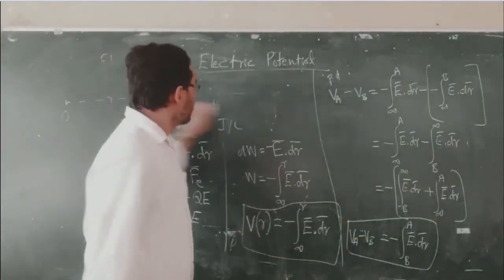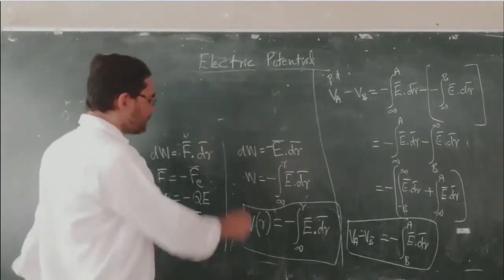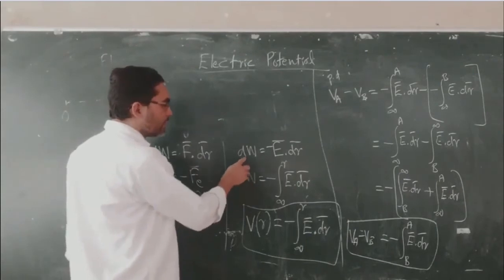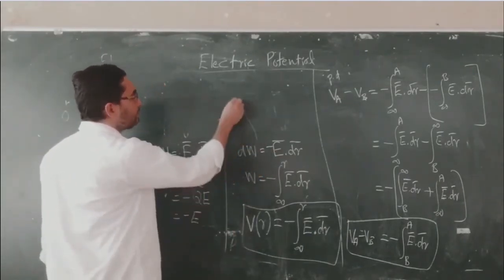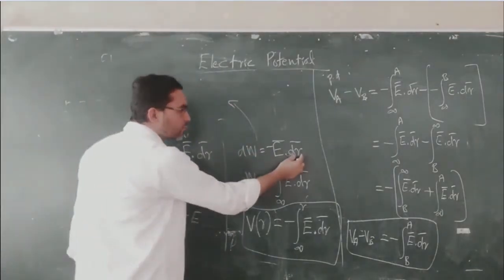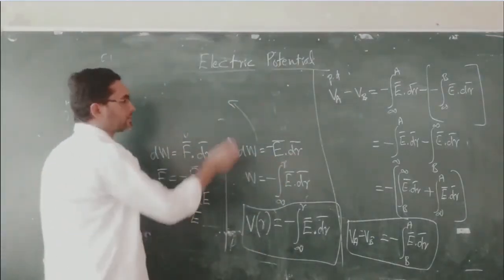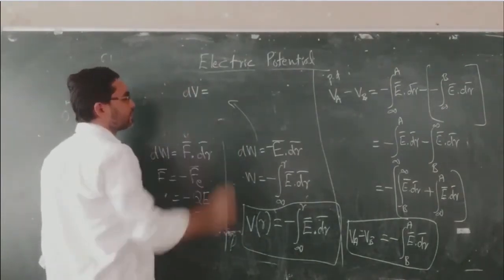And another relation between the electric field and potential. You can see from here dW is equal to minus E dot dr. You can say the potential difference across the small distance dr can be said as dV.